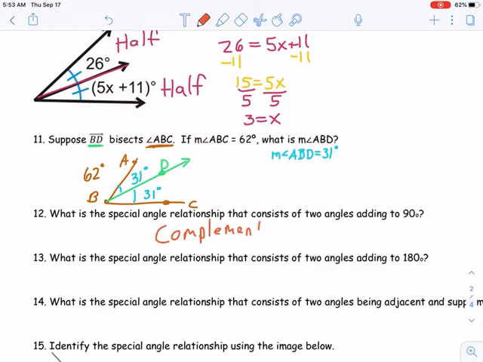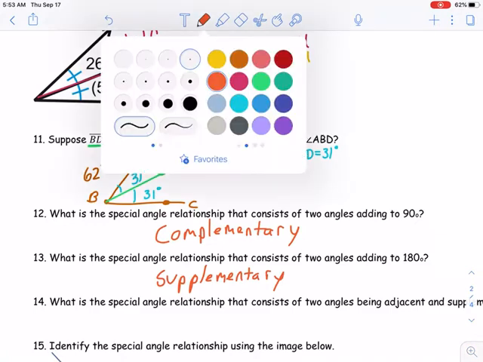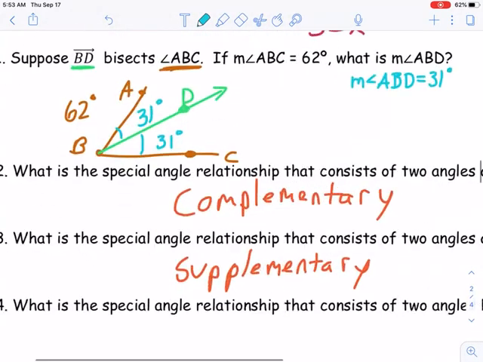Complementary. Alright. Now, some ways to think about it. And the next one is supplementary. Complementary, supplementary. They go in alphabetical order. Think of it like this.